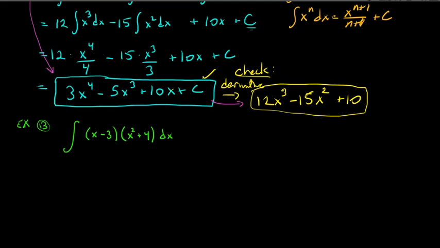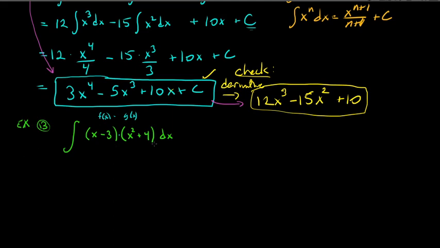Well, you might think, wait a minute, this is f of x times g of x. This is a product. And earlier, I think I said that there's no product rule. And so you might think, we can't do this. We don't know how to do this.